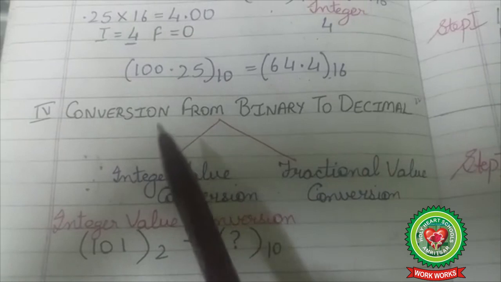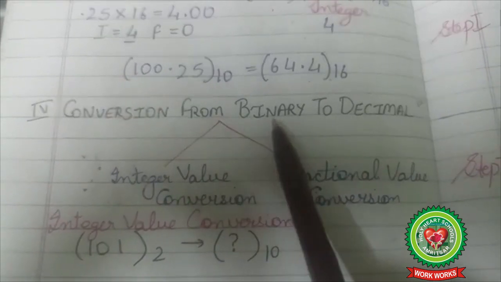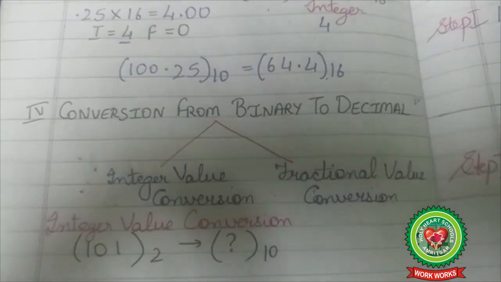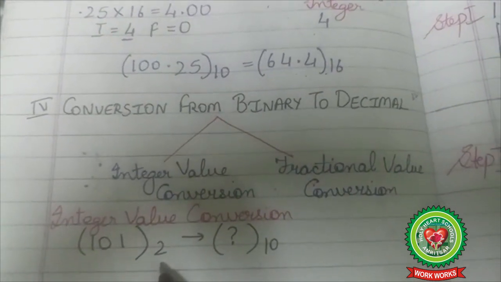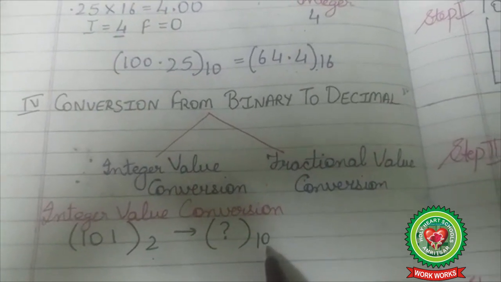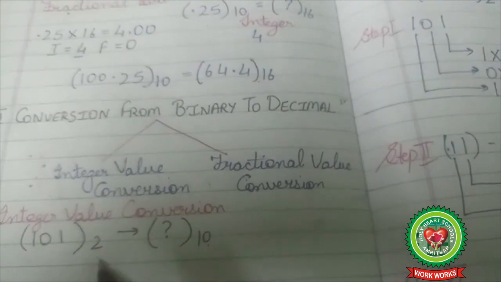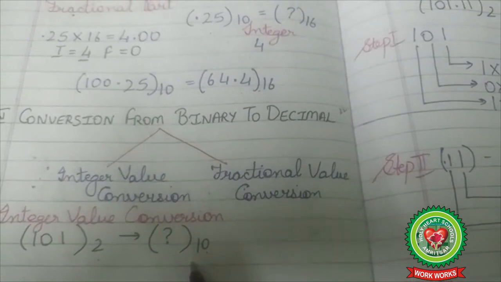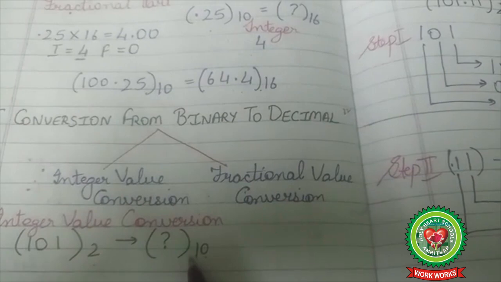Now, students, we will learn how to convert a binary number to a decimal number, like 101 with base 2 to a number with the base 10. As you all can see, we are going from a lower base to a bigger base, so we are going to do multiplication.